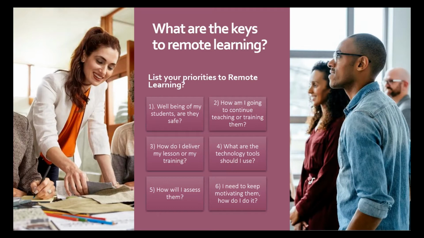Next, how am I going to continue teaching or training them? How do I deliver my lesson or my training materials? What are the technology tools I should use? Next, how will I access them? I need to keep motivating them. And how do I do it?